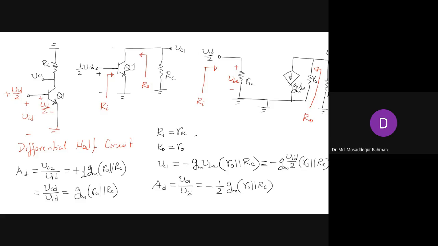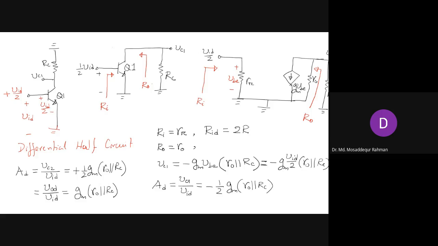And also we can find the input and output resistance for the differential pair. The input resistance will be twice the input resistance for the differential half circuit. That is denoted by RID, because we look between the two input terminals, called the differential input resistance.